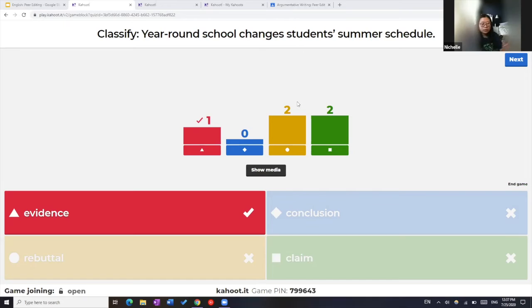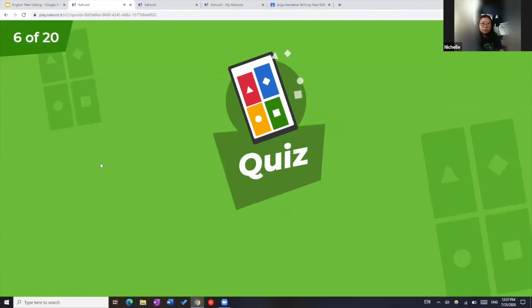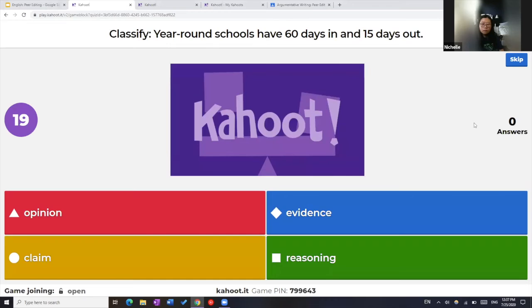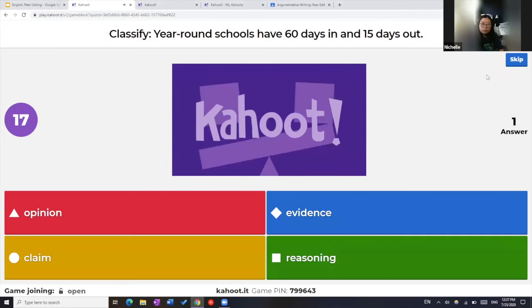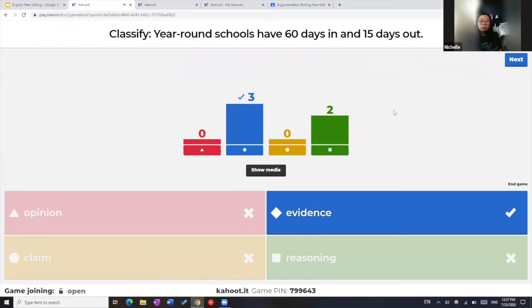I guess it's not very clear because you can't see all the questions at once, but that's why it counts as a piece of evidence. And this one is evidence because it has factual information that supports the main point.